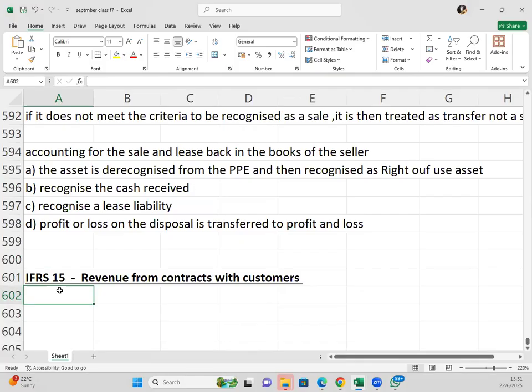Under this standard, the key issue is understanding when we should recognize revenue in our books.